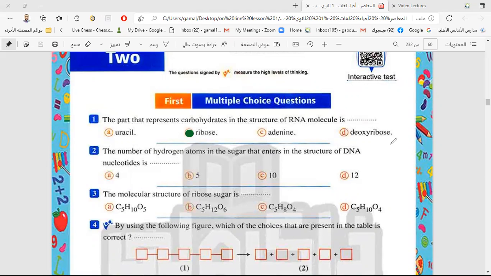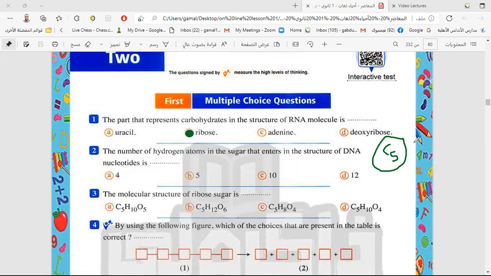The ribose will be C5, not C6. Remember, glucose is C6, but here we have 5 carbon atoms in the pentose, because it is a pentose sugar, سكر خماسي.